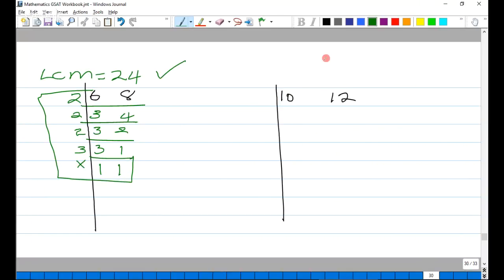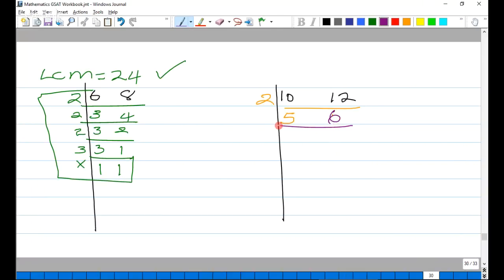What about this one? What number do I start with? Both of them are even, so I can use 2. 2 into 10. 2 into 12, 6 times.